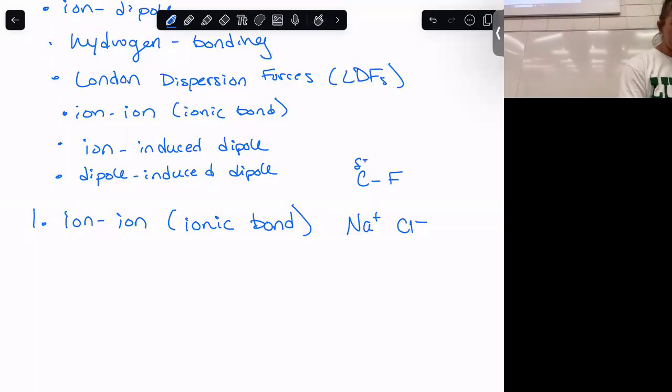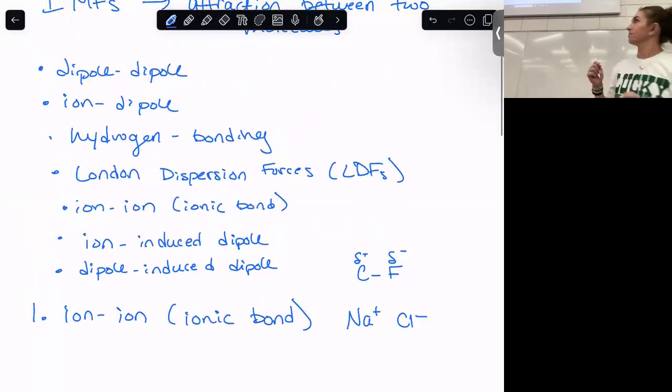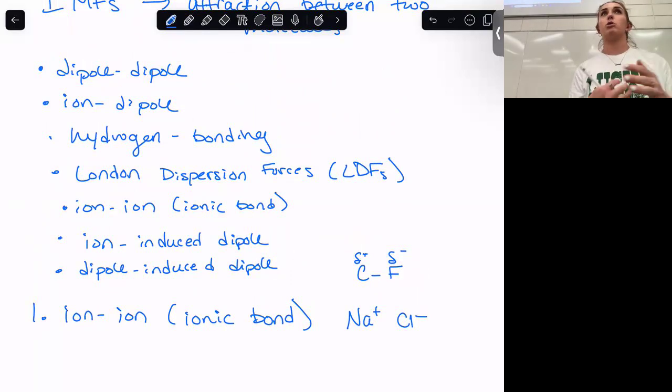Carbon gets a partial positive, and fluorine gets a partial negative. And why does fluorine get the partial negative? Electronegativity, right? It's more electronegative. Yep. Right, so carbon gets the partial positive and fluorine gets the partial negative because fluorine's more electronegative, which means it wants the electron more than carbon does.